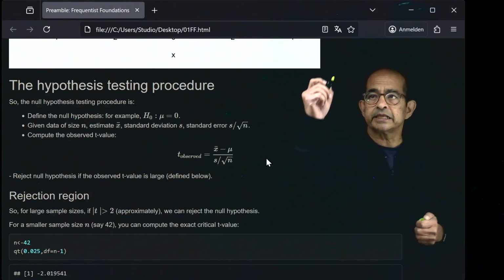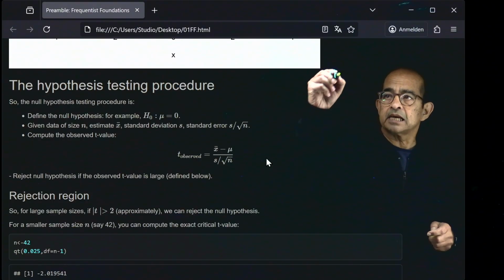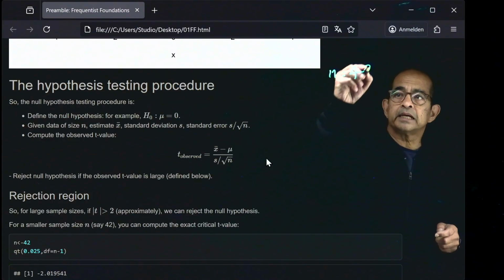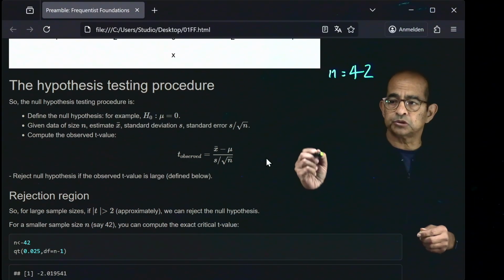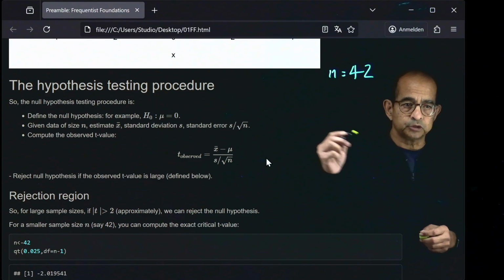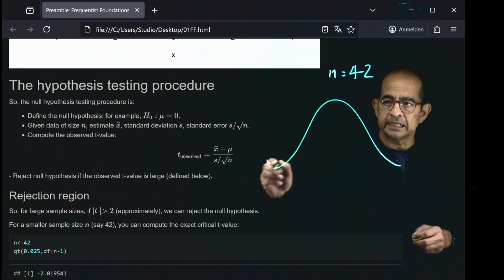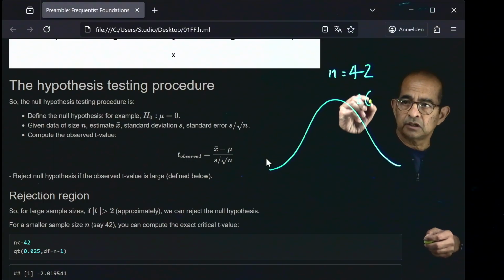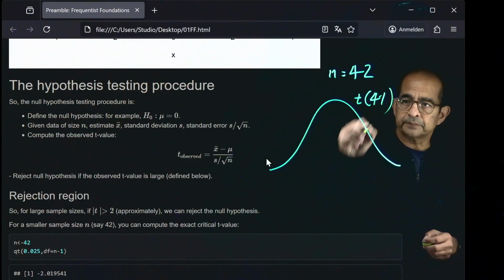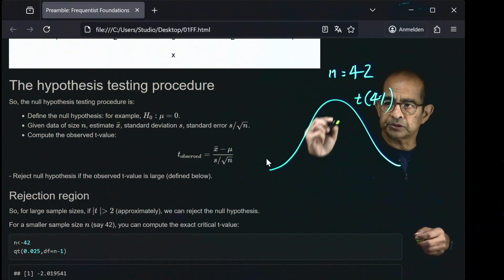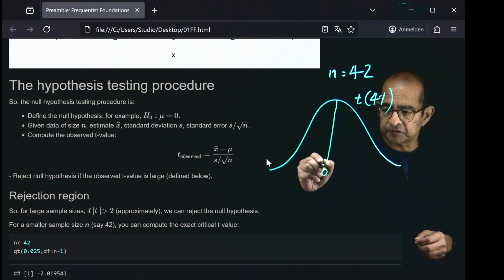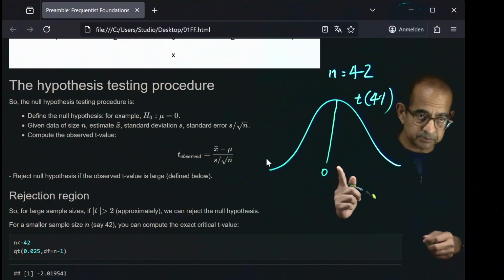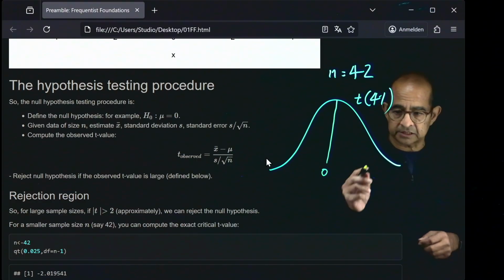Suppose I'm running an experiment with sample size 42, as in my example earlier. With sample size 42, the reference distribution that I'm going to be looking at is the T41 distribution. I've set up a null hypothesis that the difference between the two conditions is 0. That's my hypothesized value for the difference.